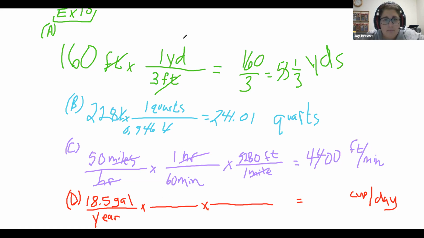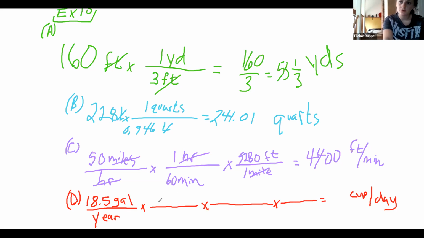Actually, we'll have 3. 1 gallon is equal to 8 cups.